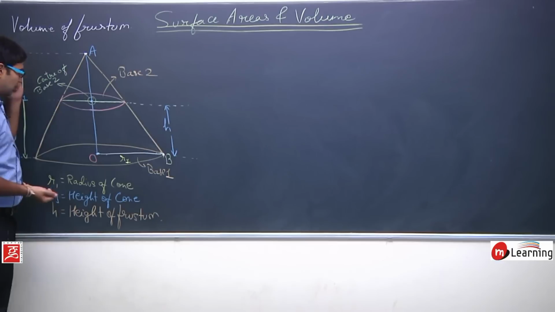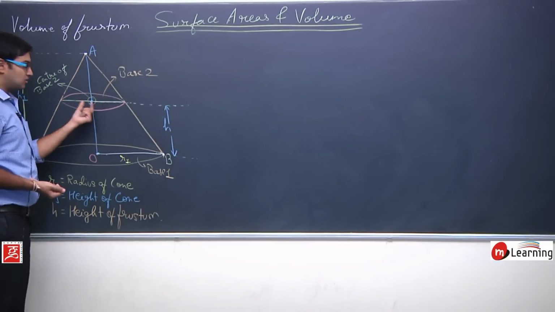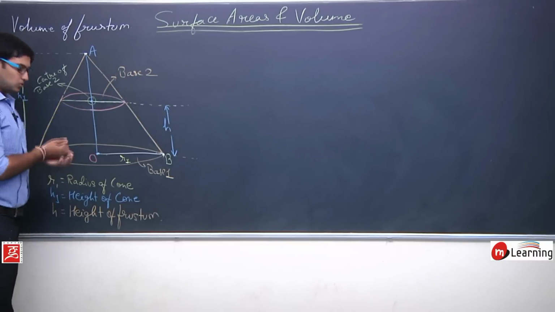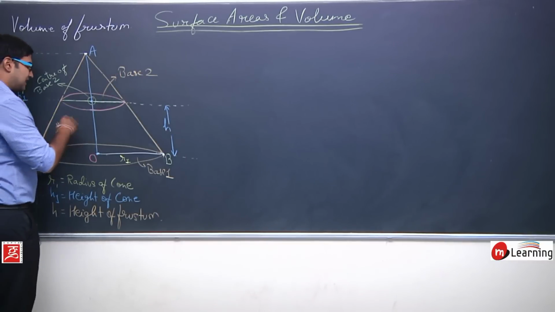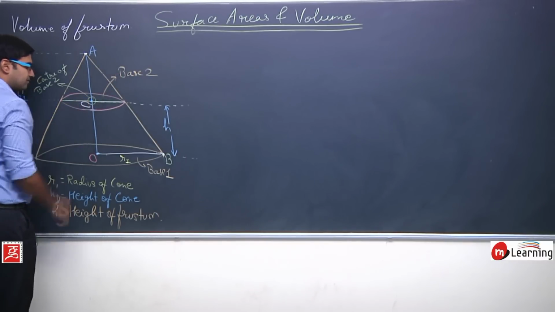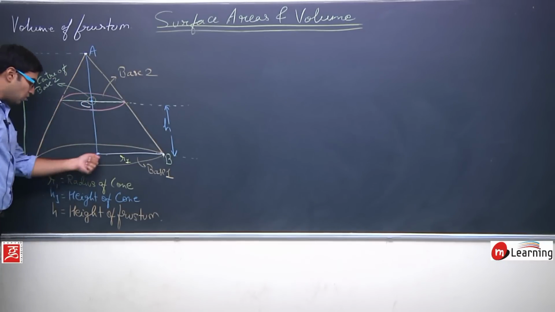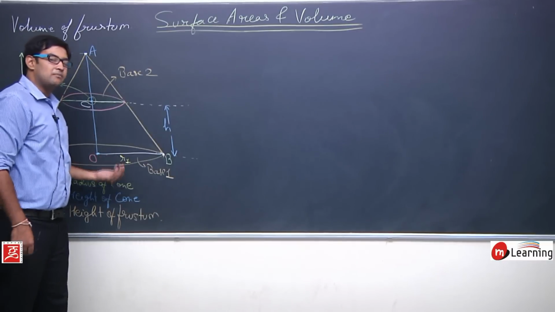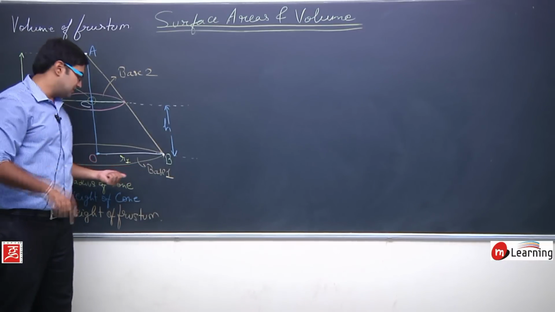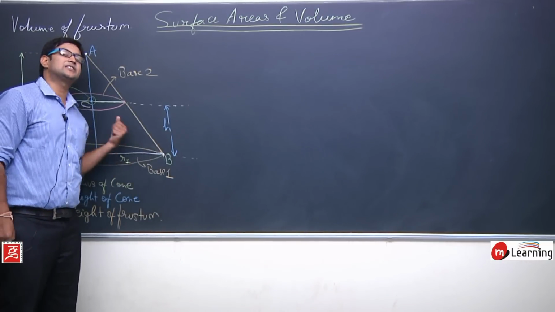Okay, so now we have defined the center of base 2, and I named this center as, let us say, C. Okay, C represents the center of base 2, O represents the center of base of cone as well as the center of base 1 of this frustum.